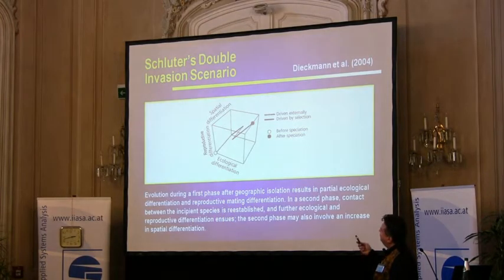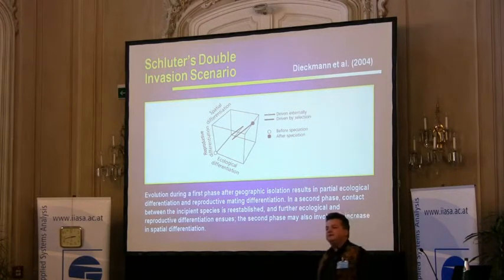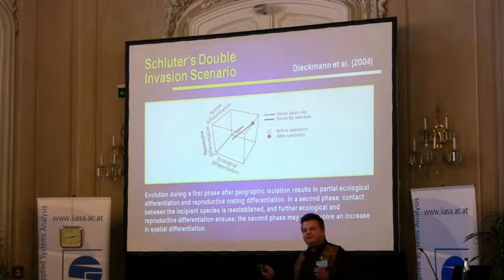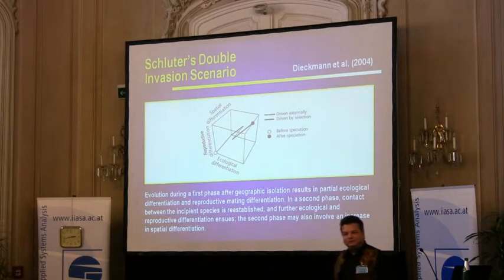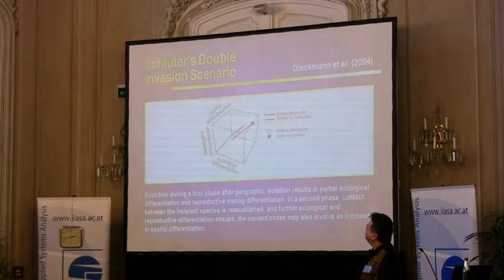And if you care, then it may also interest you that Dolf Schluter's double invasion scenario, which he has advanced as an explanation for what happens in those North American sticklebacks, can also be understood in those terms. So my suggestion is that for some occasions and for some questions, these speciation cubes might transcend those old dichotomies and may allow us to construct a more comprehensive and more gradual view of the process-based elements of speciation.